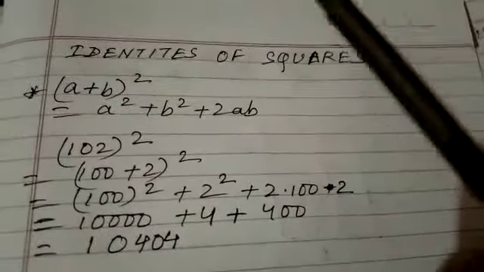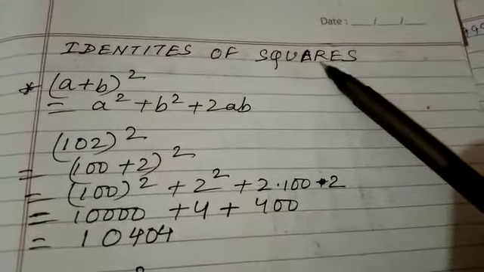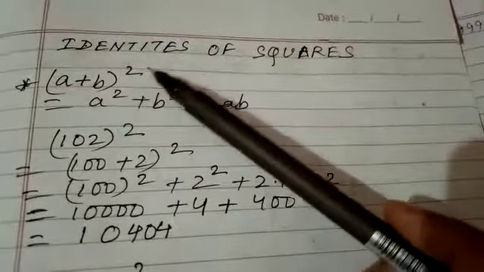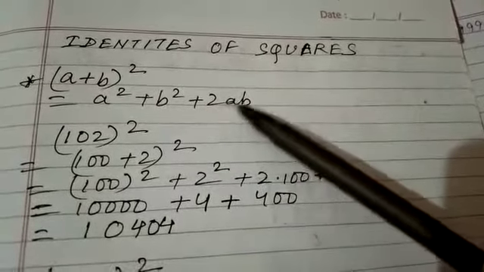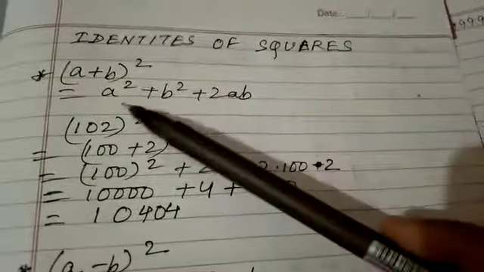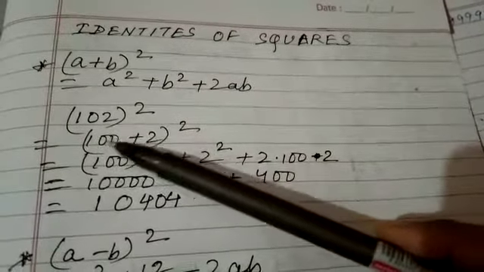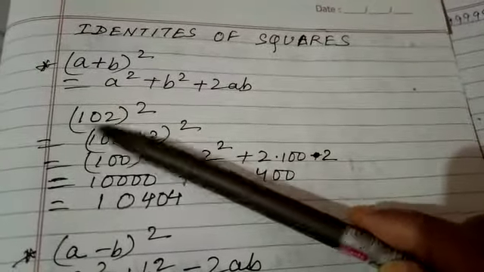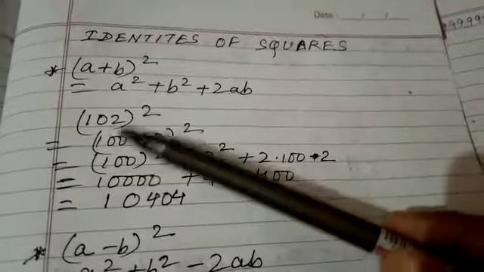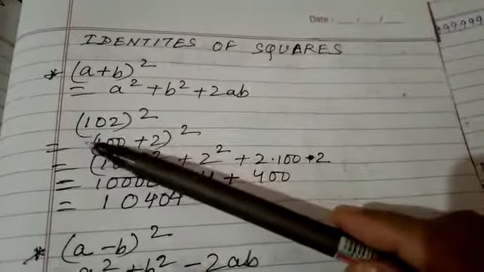Now let us move to some identities of squares, like a plus b whole square is a square plus b square plus 2ab. How can we use that identity to get the square of big numbers, like if the number is 102 or 103 or 205?